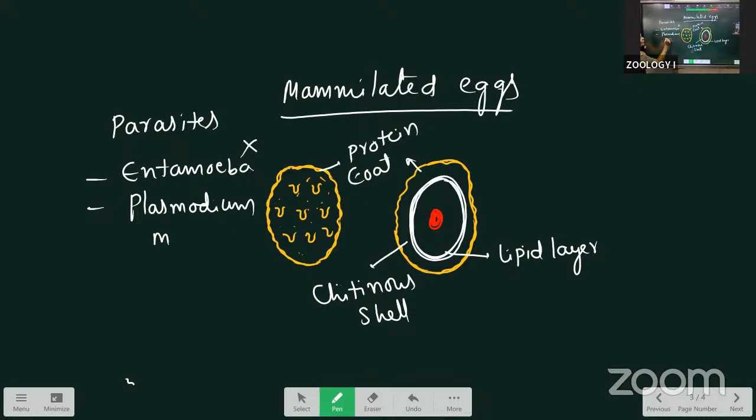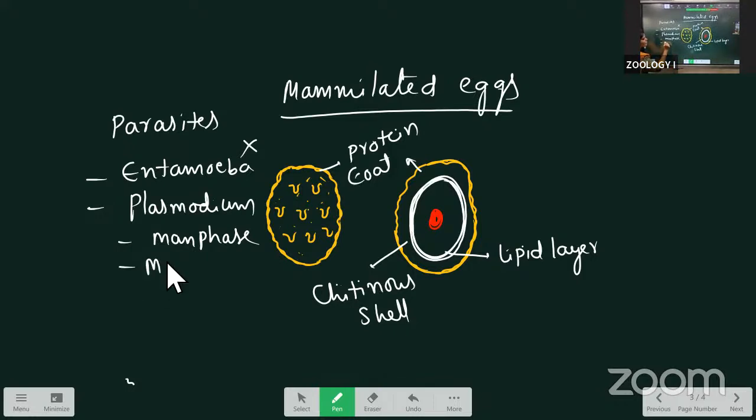Plasmodium, two questions are there. One is the man phase. Man phase is also not that important. Most important is the mosquito phase. Mosquito phase and the Ascaris, among these two, compulsorily one will come. Clear? Sorry, I didn't write Ross cycle.